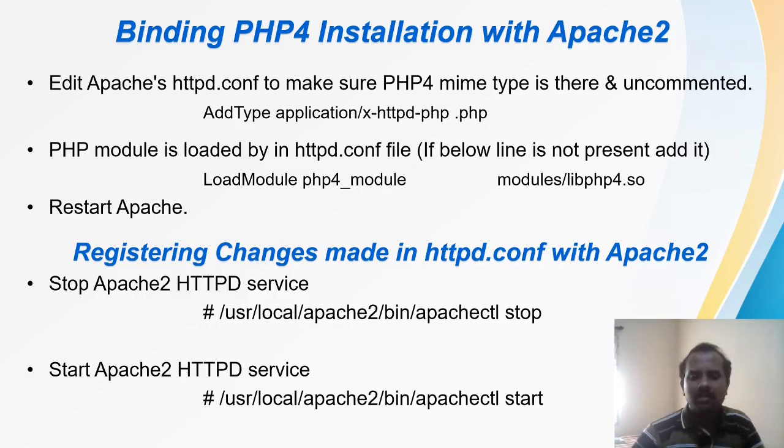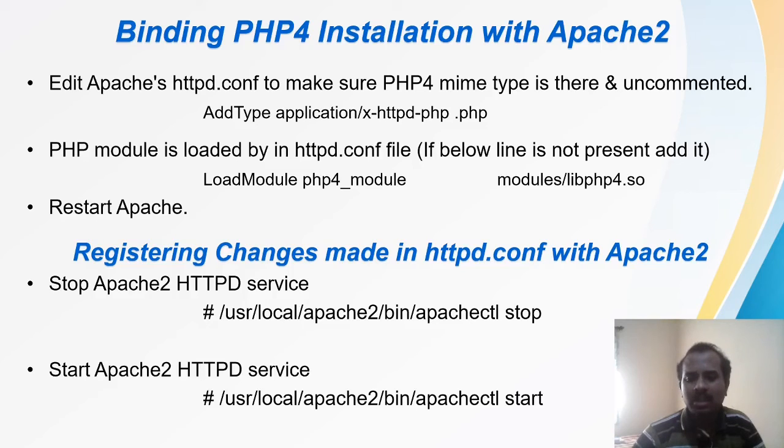If that module is not present, then add the line. Similar to the above one also. After you make any changes, these two lines are not added in PHP, but they are added in the httpd configuration file, that is the main configuration file of Apache.